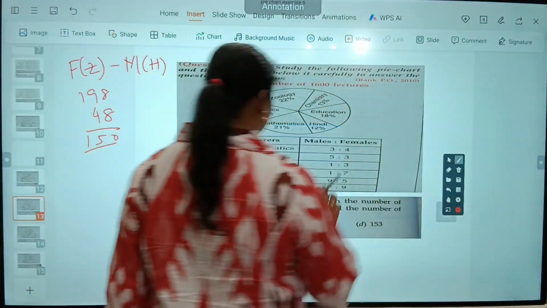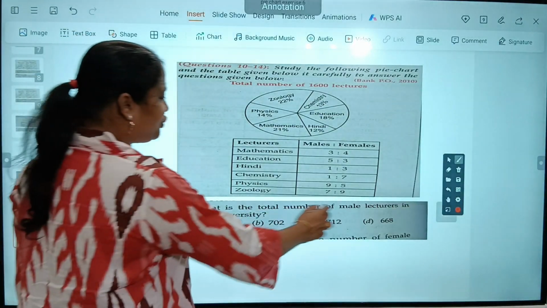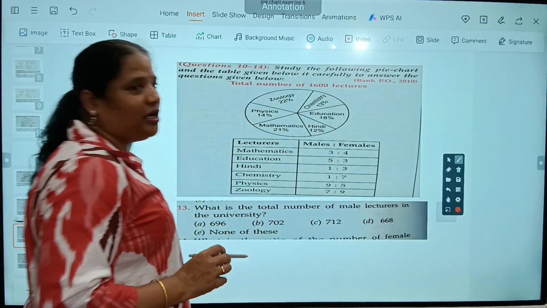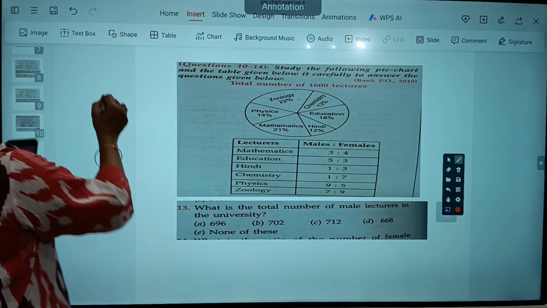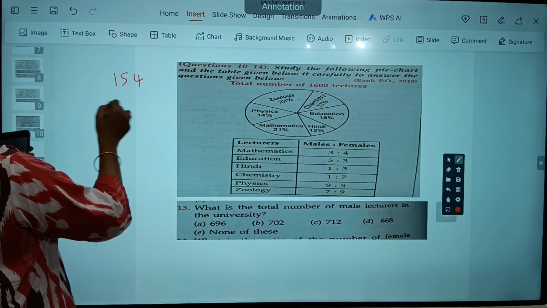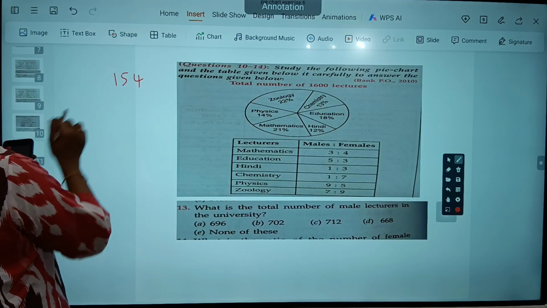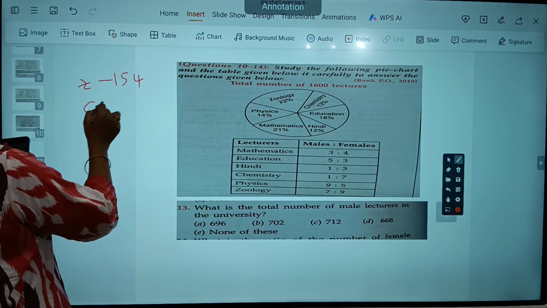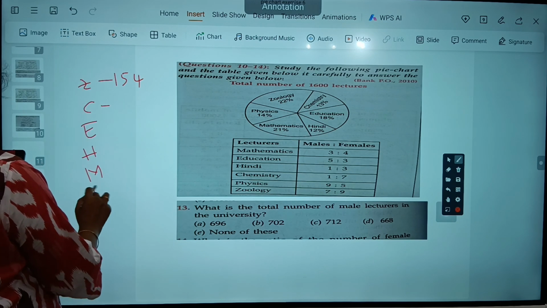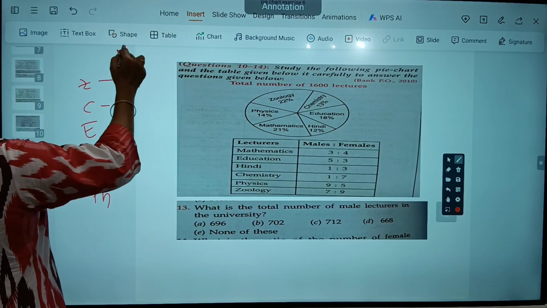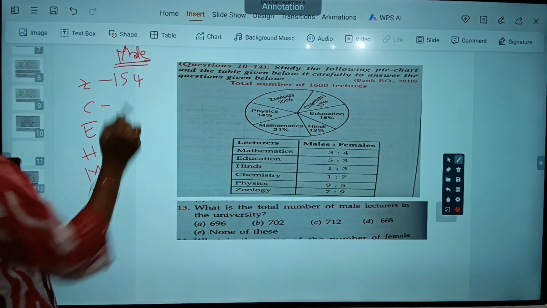The fourth question of this graph is, what is the total number of male lectures in the university? All male lectures we have to add. What did we get for the male lectures in the table? 154 in zoology, and in chemistry, education, Hindi, math, physics we have to take them from the table.